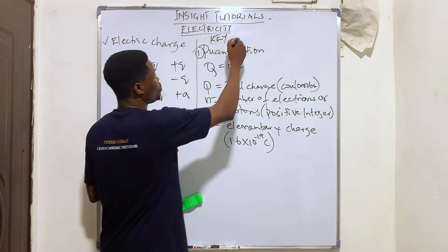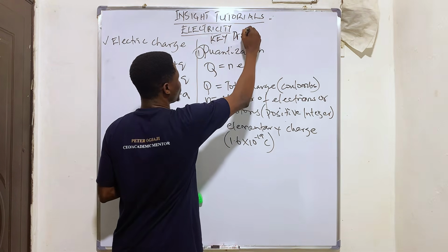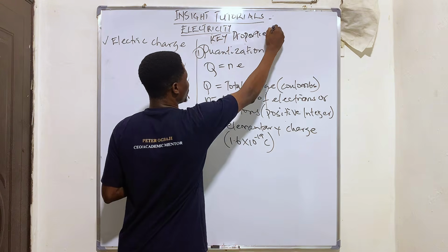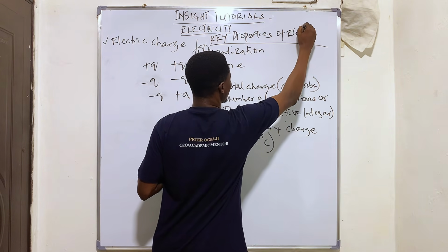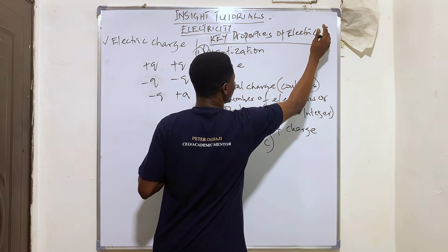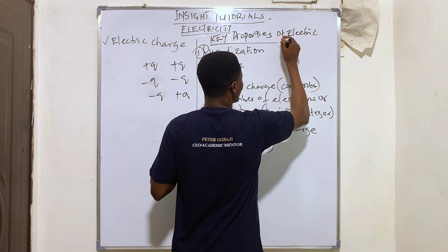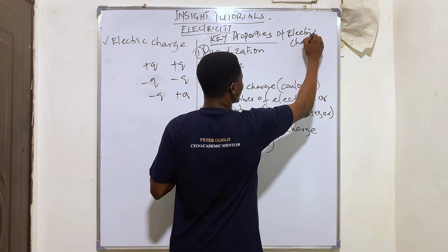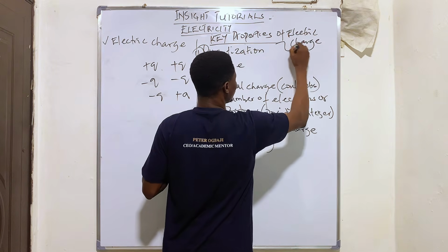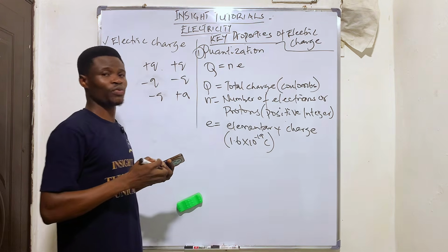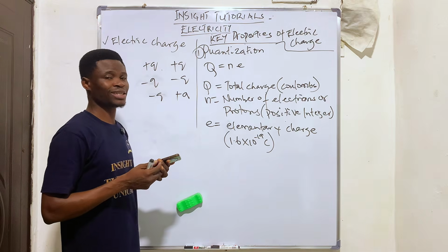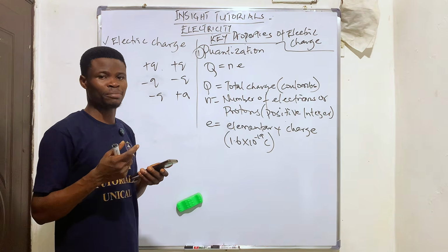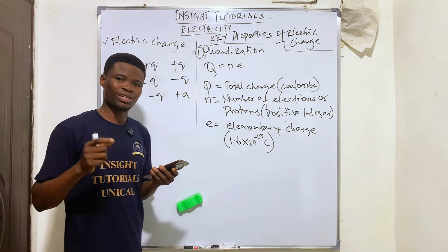Now, remember we're dealing with the key properties of electric charge, and the first one we talked about is quantization. Electric charge cannot be presented in arbitrary form, it can only be presented in quanta.